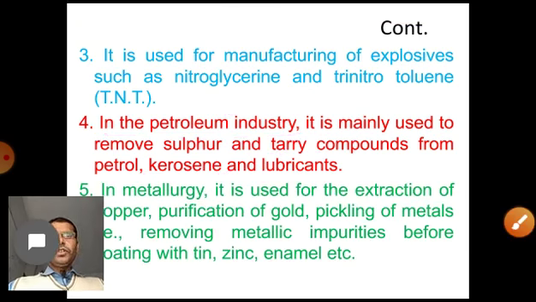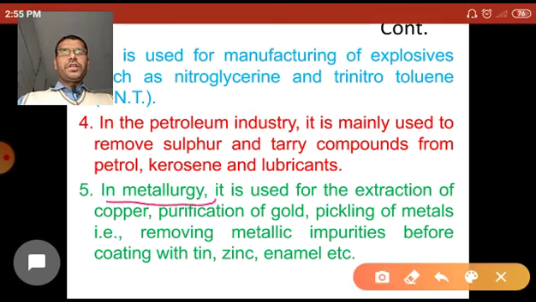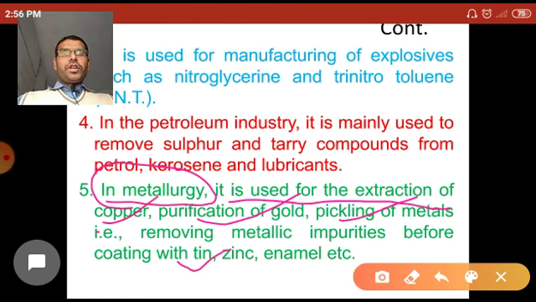Next use of sulfuric acid is in metallurgy, that is, extraction of metals from different ores. In metallurgy it is used for the extraction of copper metal, purification of gold, and pickling of metals, that is, removing metal impurities before coating with zinc, tin, enamel, etc. So removing metallic impurities before galvanization and tanning.